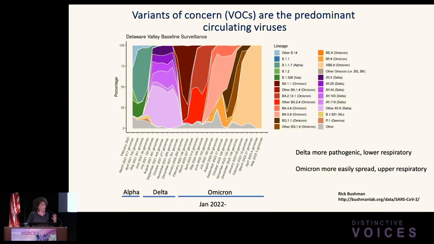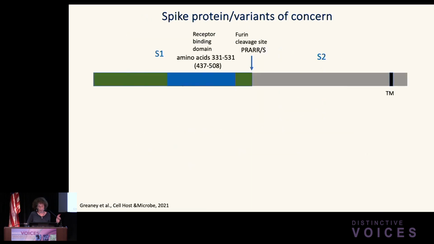It's hard to know, because when a virus becomes less pathogenic, at the same time we were getting vaccinated, so it's hard to know how much is due to the vaccine and how much is due to the virus actually changing. But I think in the case of Omicron, it really is more upper respiratory, at least from studies in animal models and things like that. But in any case, they're pretty different, those two variants.